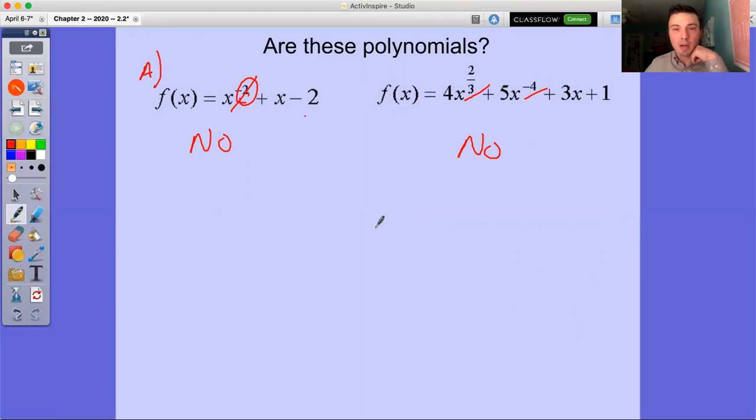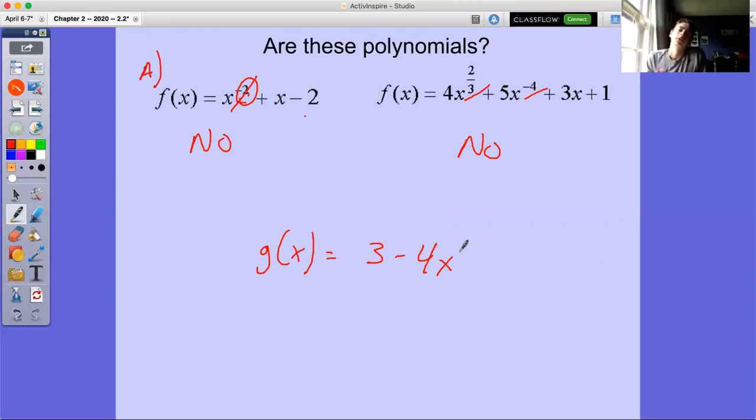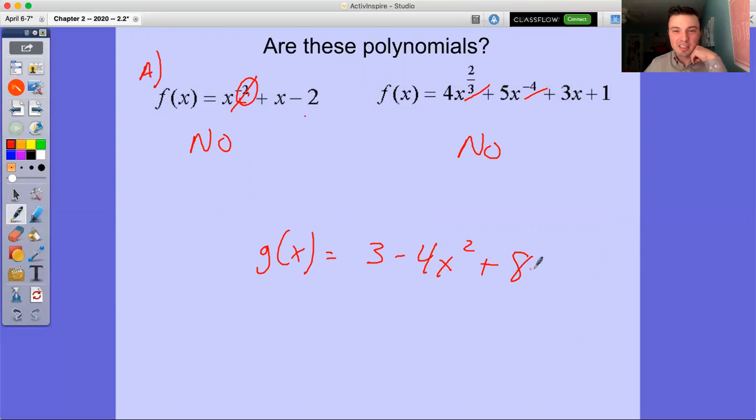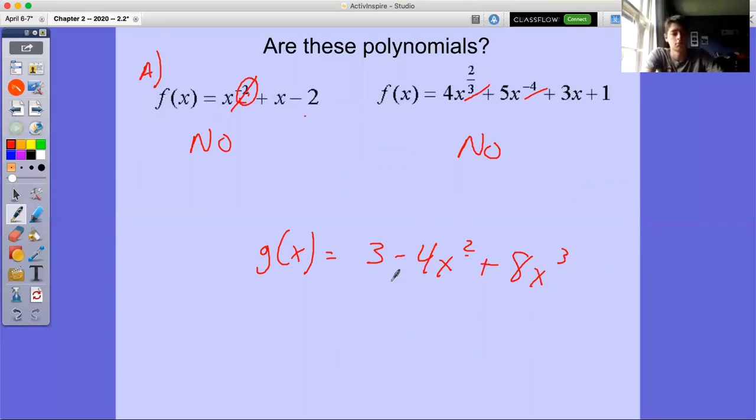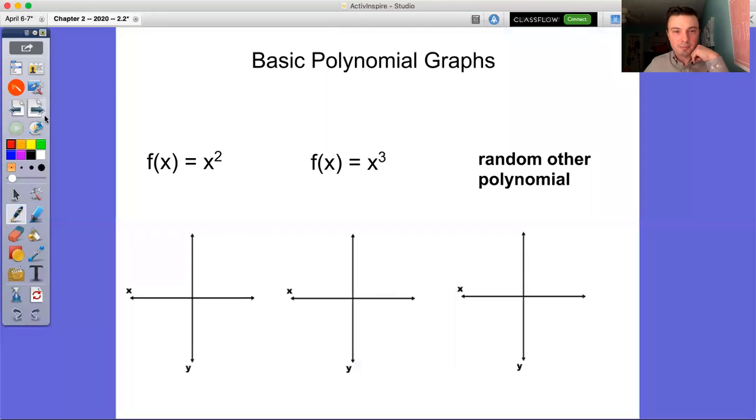So again, no, not a polynomial. How about this one right here? Yes. Good guess. No exponent here. It's like an exponent of 0, 2, 3. Boom. This is a polynomial. All right, pretty easy there.